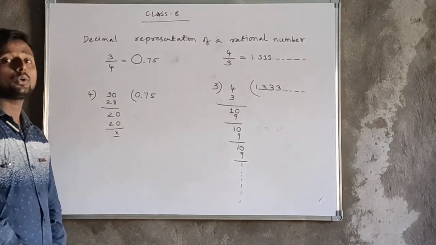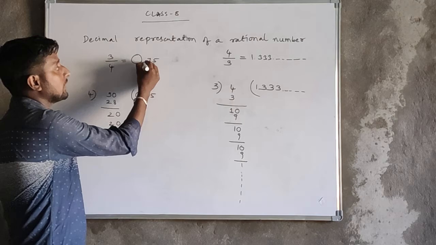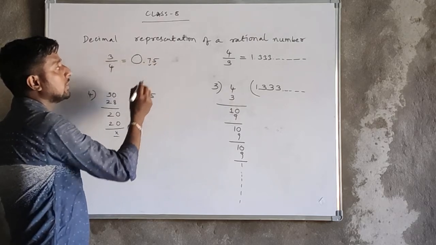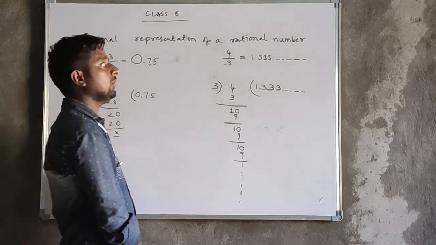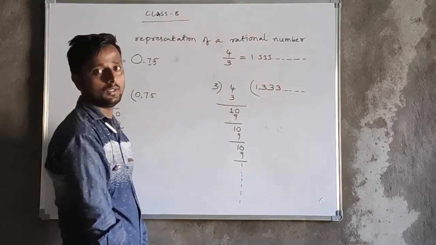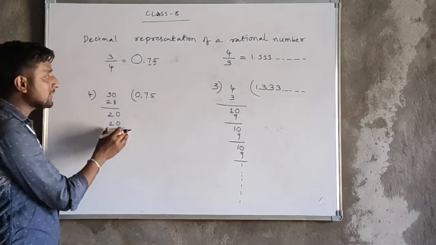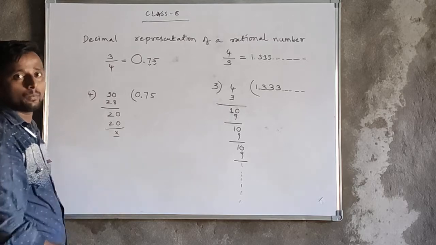So here we found two kinds of decimal expansion. In one, we are able to count the number of digits after the decimal. But here, the number of digits after the decimal we are unable to count. At a certain place the division has completed, in the sense the remainder has come 0.